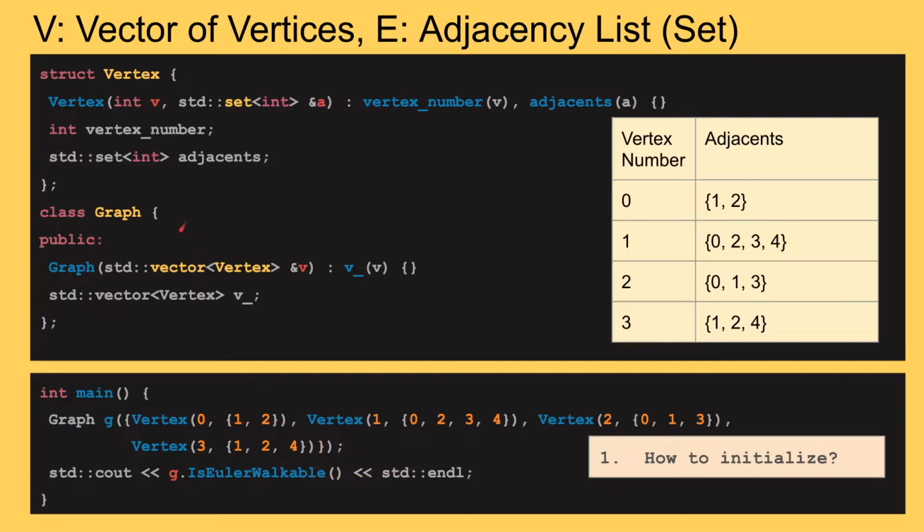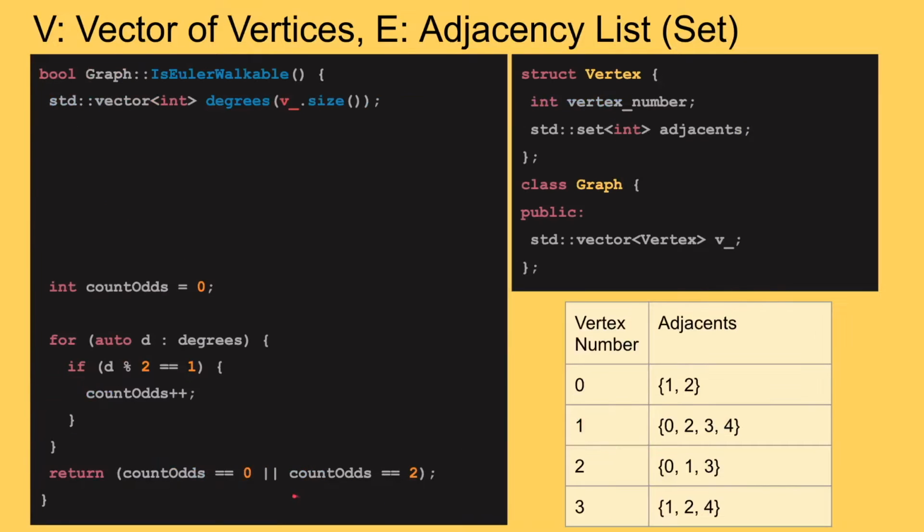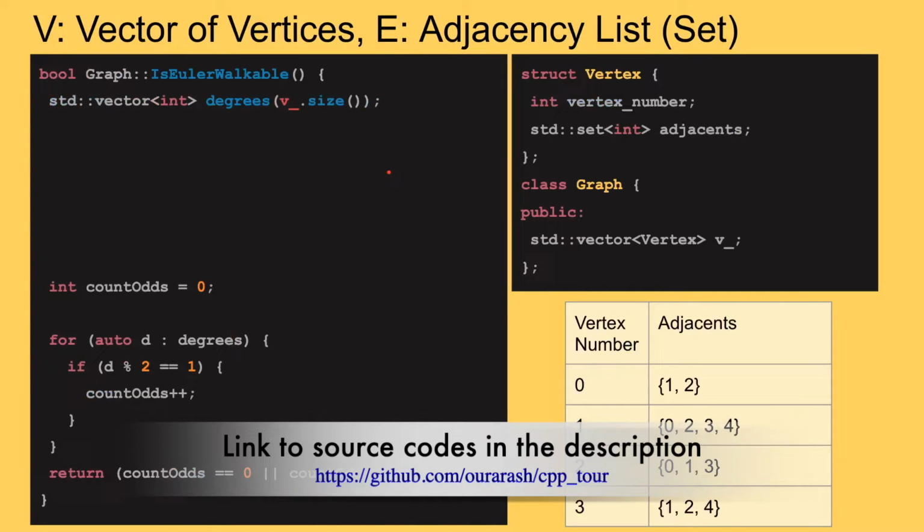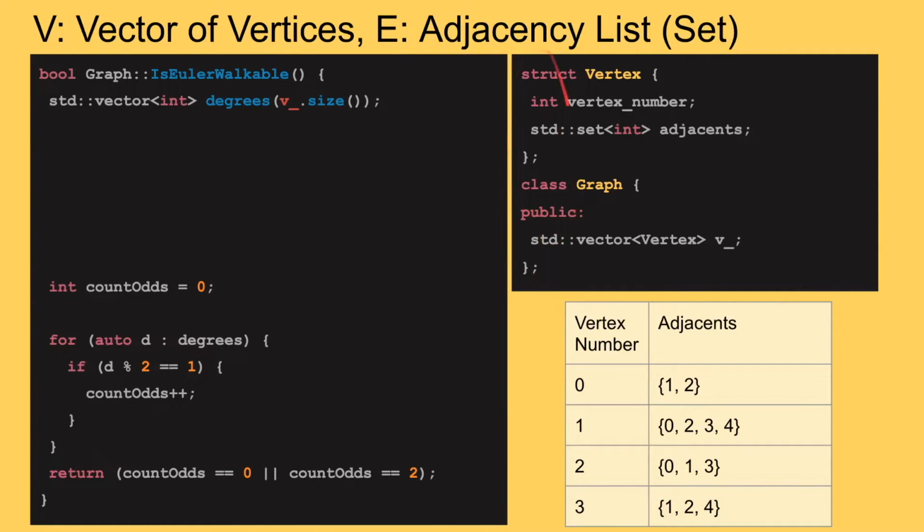Now, having this class defined, how do we modify this function to find out if the graph is Eulerian or not? So again, if you remember, we have to find the degree of each node. Having this definition of classes, the degree of this node is actually really ready. We already have it, which is the length of these lists or sets.